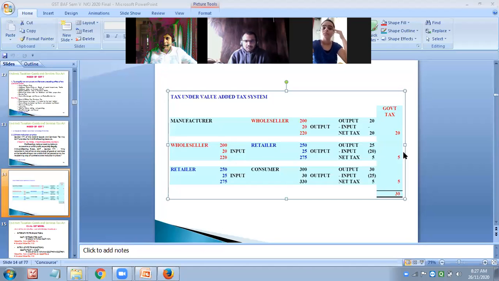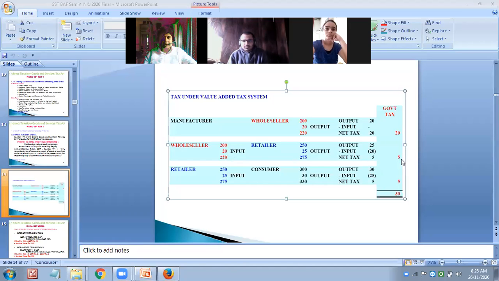So when my liability comes as 25 rupees, I won't pay this 25 rupees. I will avail the ITC against the output tax liability. And I am going to pay the net tax of 5 rupees.